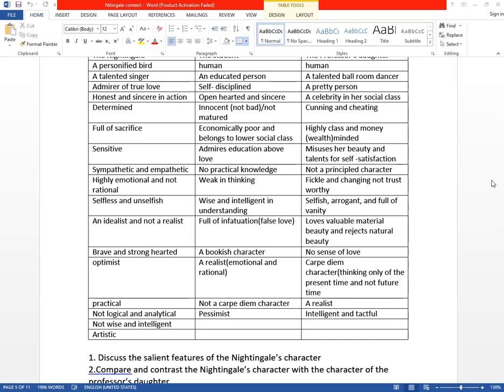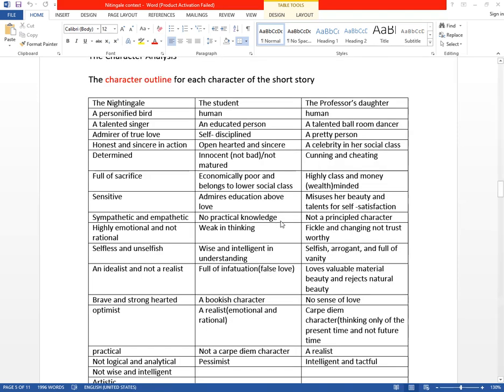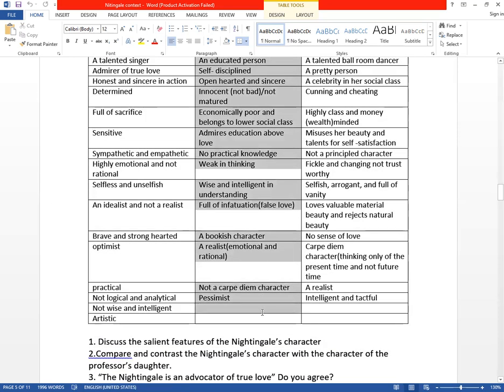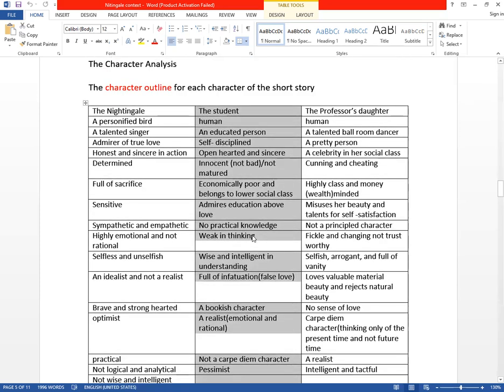Now you better go to your outline. This is the student's qualities. Now you have to describe them, analyze them. First we discuss the good aspects, good qualities.